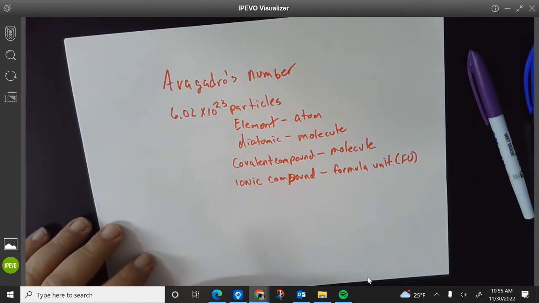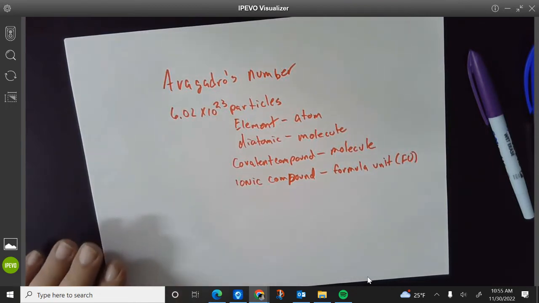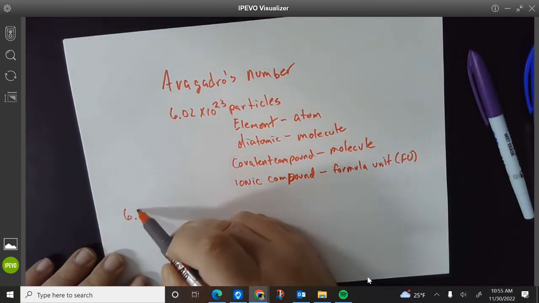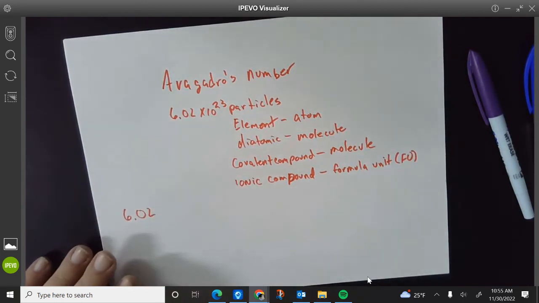That's funny right there. So how big a number is this Avogadro's number? It's 6.02. If I move the decimal to account for that scientific notation of 10 to the 23rd, since the 23rd is positive, I'm going to move the decimal to the right.